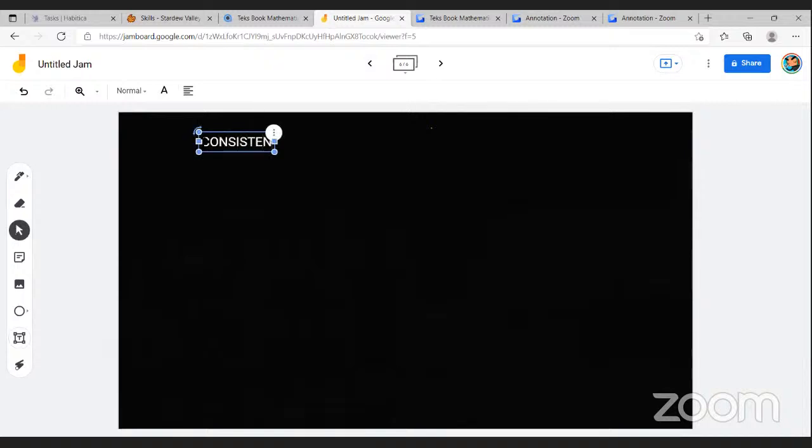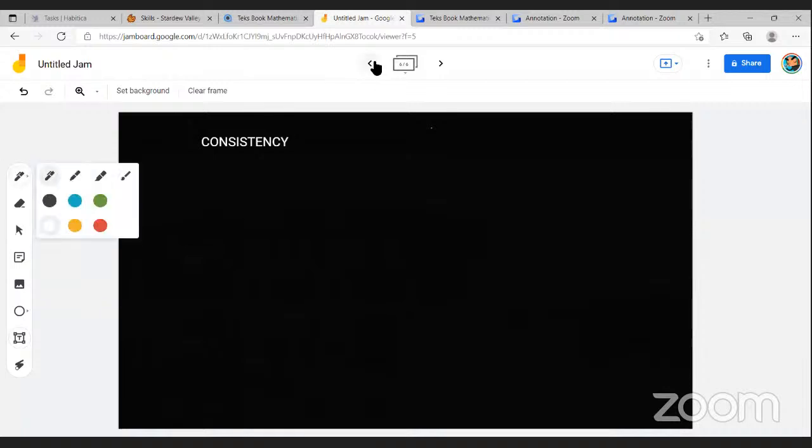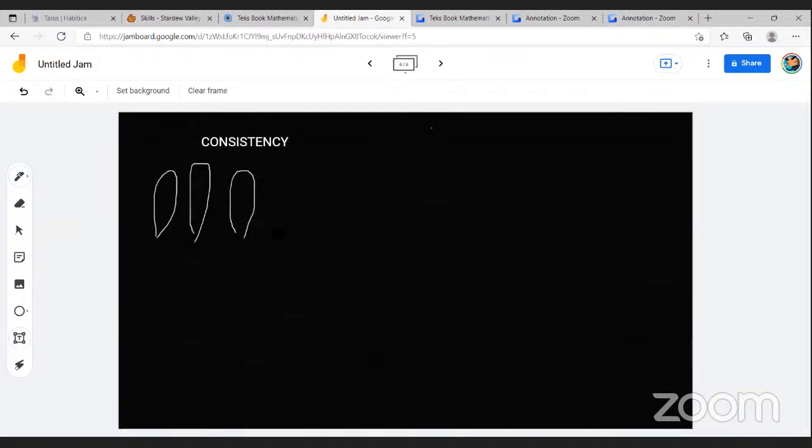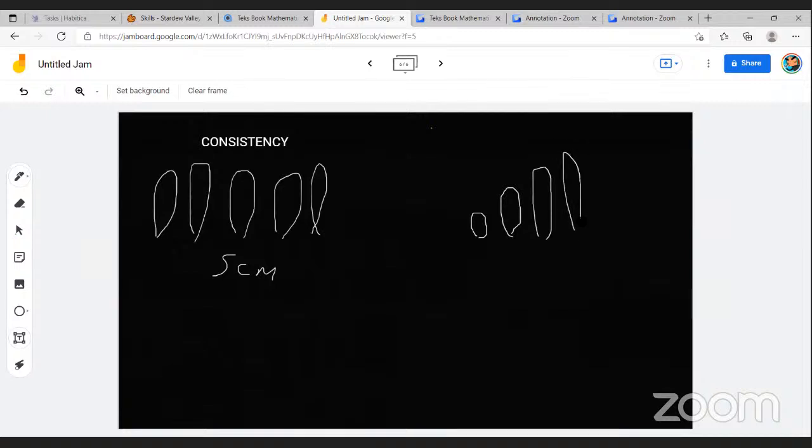Okay, let's talk about consistency. So let's say we take two sets of petals. We take one set of 5 petals here. These 5 petals are all 5 cm in length. There's no difference. Whereas over here, let's say we take some of these.